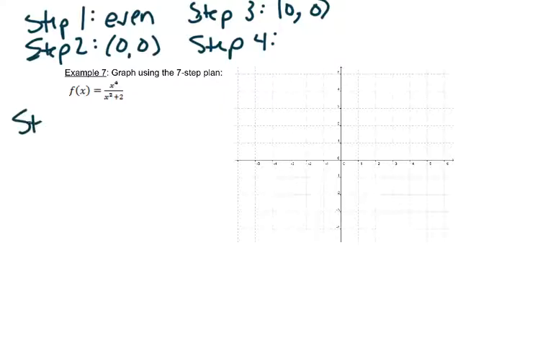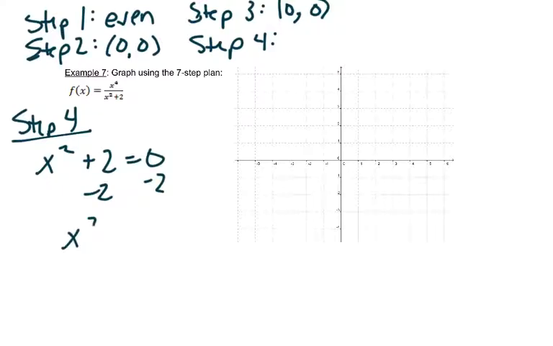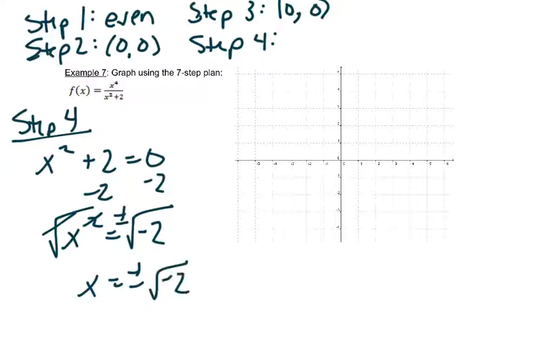So for my vertical asymptote, I want to take the denominator and set it equal to 0. So if I subtract 2 from both sides, take a positive and negative square root, I get the square root of a negative 2. Well, that's not a real number, so there's no vertical asymptote.